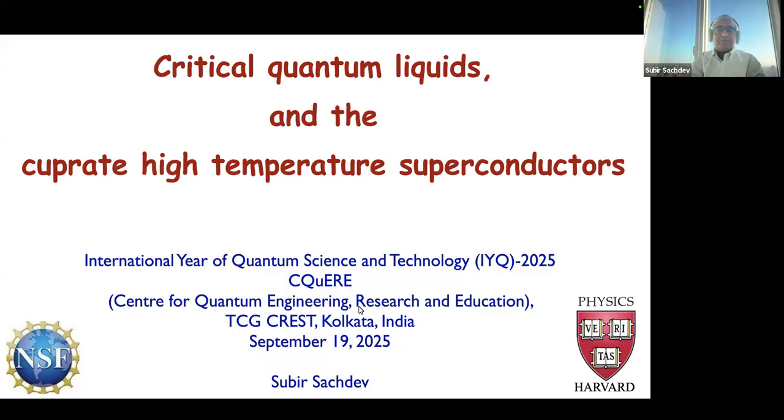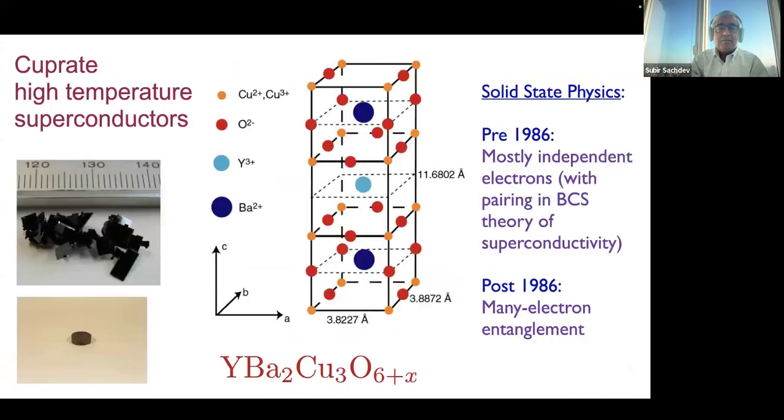So I'm very happy to be here, and I'll mainly focus on work on the cuprate high temperature superconductors and how that's connected to various recent and not so recent ideas on many-particle quantum mechanics. This is the material that's been the focus of so much interest since its discovery in 1986, the cuprate high temperature superconductors.